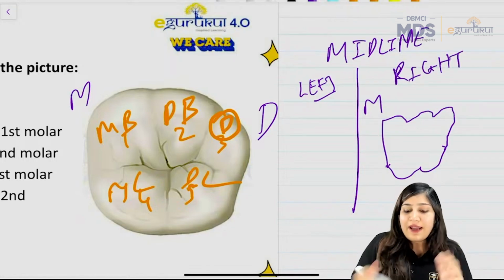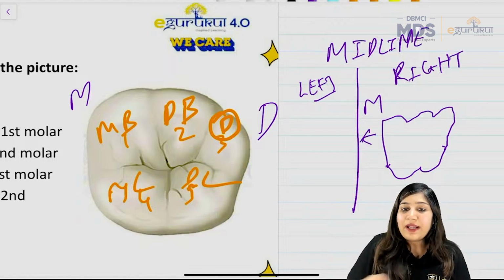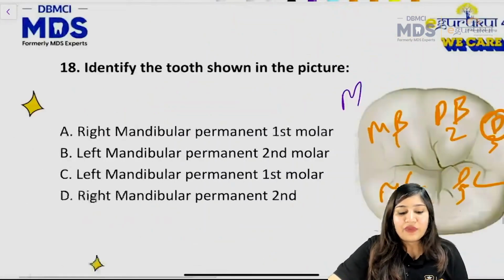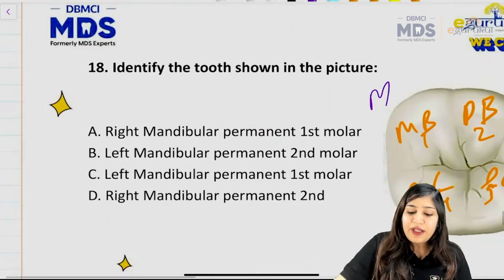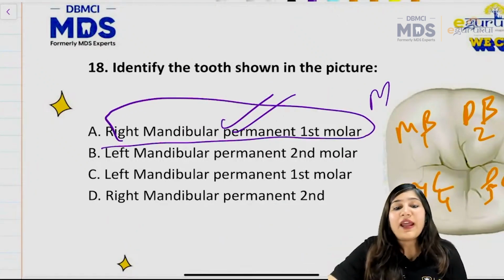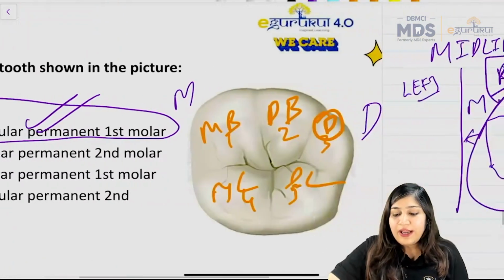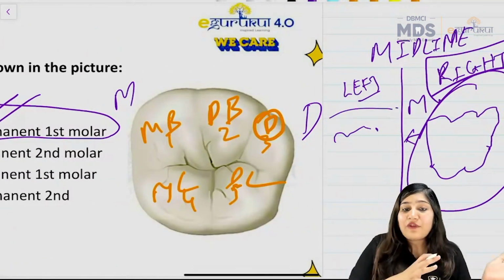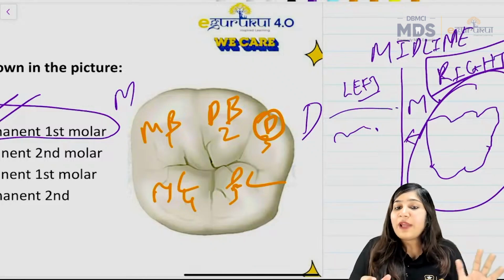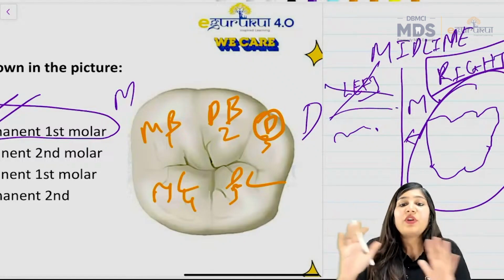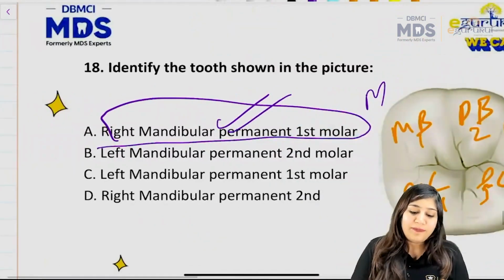As we are having this mesial surface towards the midline, this is our correct position. So it is of the right side. It is the right mandibular first molar. If we had kept it on the left, then the mesial surface would have been away from the midline and it would have been incorrect. So left is not the correct option. Right is the correct option here.